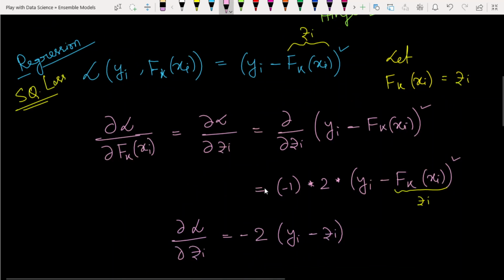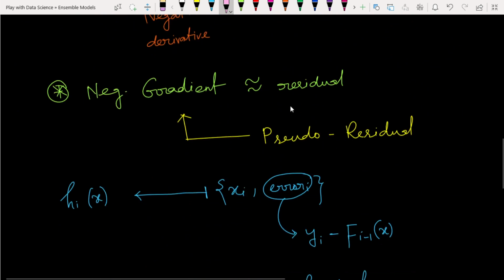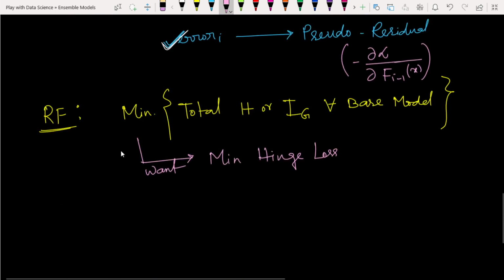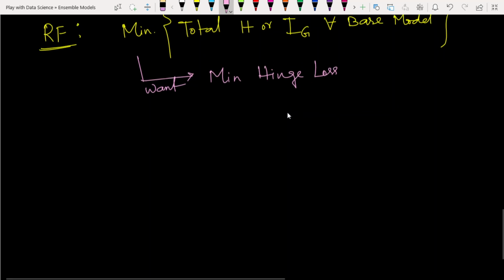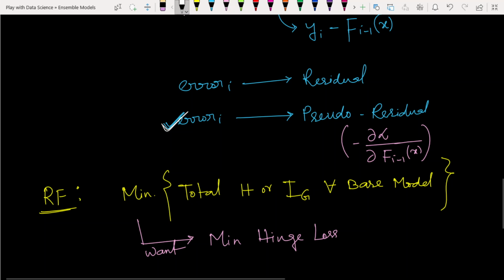But if we simply use the residuals, as we have seen in random forest, it is not possible to minimize the hinge loss, because in random forest we build the decision tree model by simply reducing the entropy or Gini impurity. So this is the advantage of these pseudo residuals.